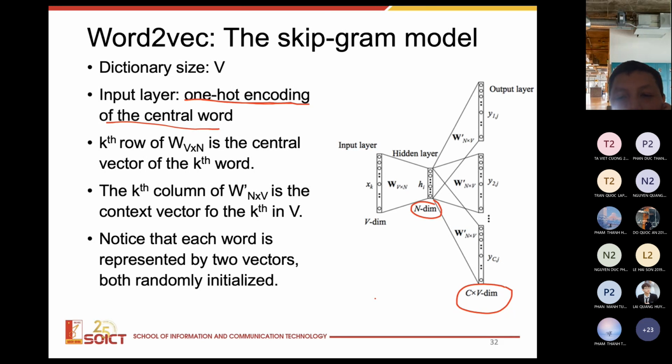Why? Because the input is a one-hot encoding, and when we multiply the one-hot encoding with W, where one element equals 1 and the others are 0, the k-th row of W is the center word vector for the k-th word, right? Is that clear?